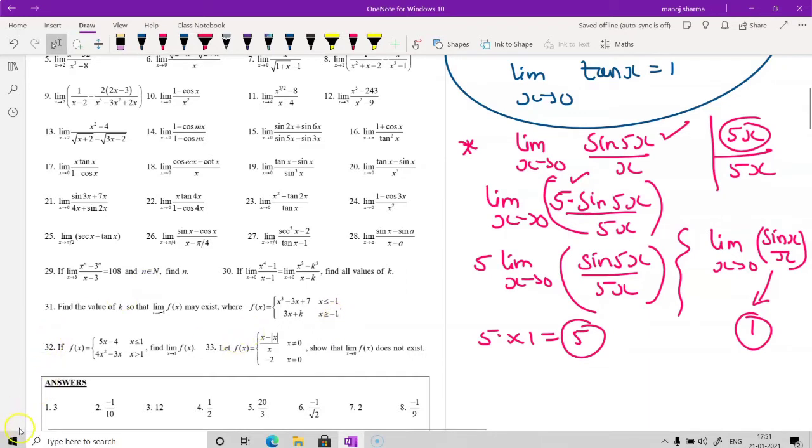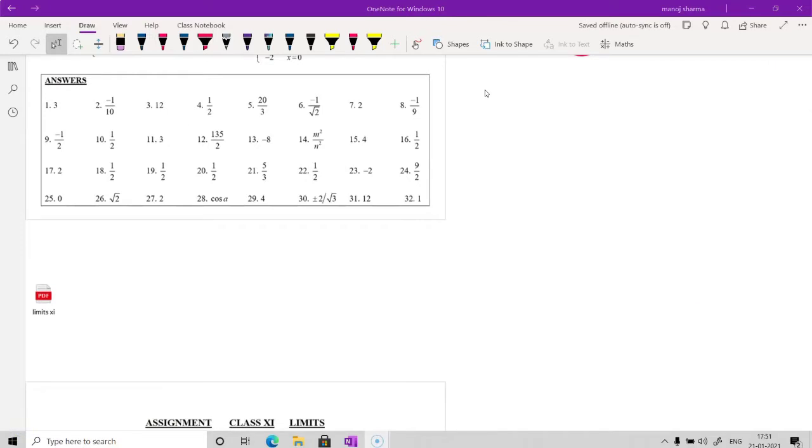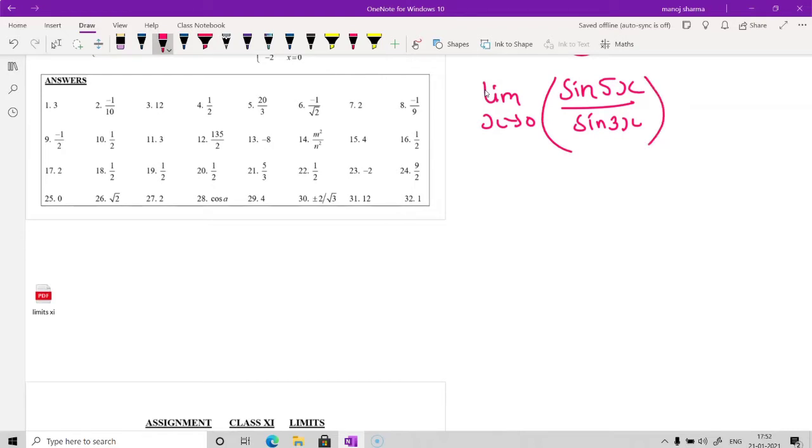Now what to do if there is intermixing of the limits? By intermixing I mean that if I have a question like this, limit x tends to 0 sine 5x upon sine 3x, then what should I think of? I should think of that limit x tends to 0 sin x upon x.